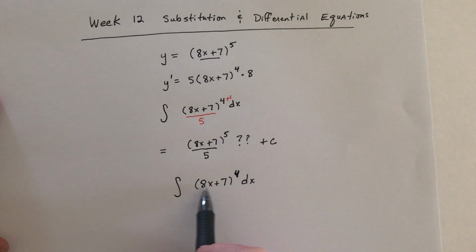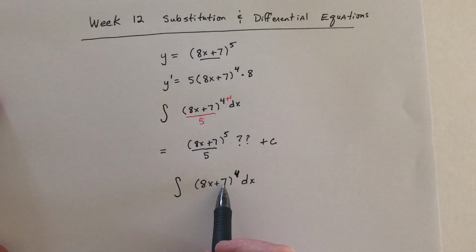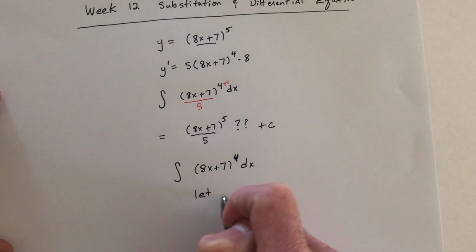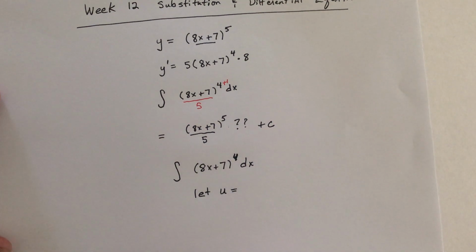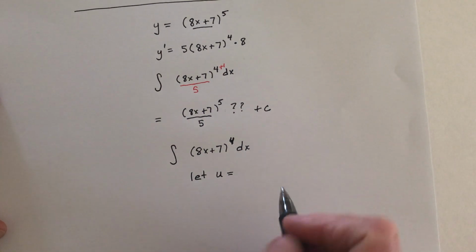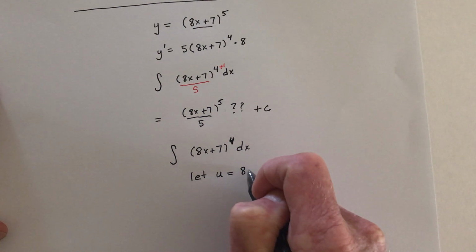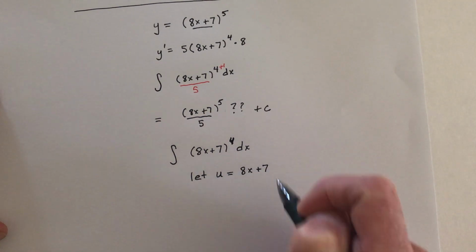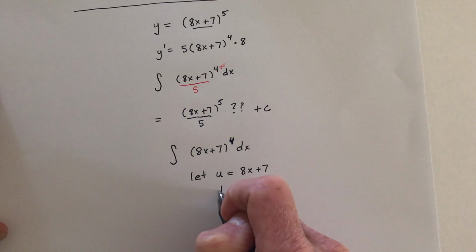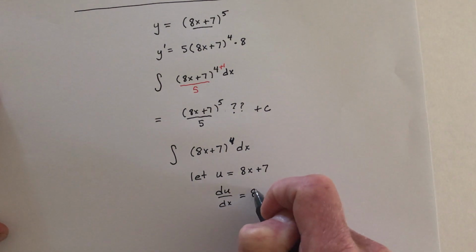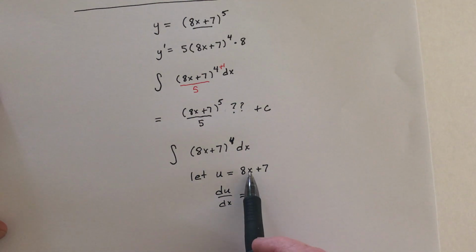So I'll let the inside be replaced with another variable, and that's usually u, which is why we usually call it U substitution. So you let u equal the inside part, and that's going to be an 8x plus 7. And then the derivative of that would be an 8. So the derivative of 8x is 8, the derivative of 7 is 0.